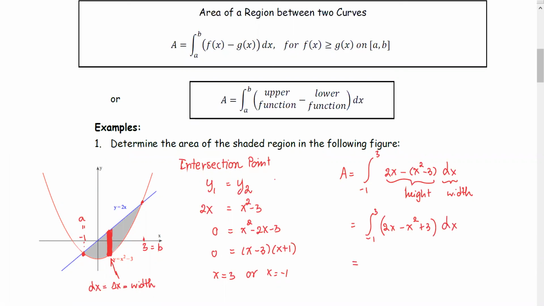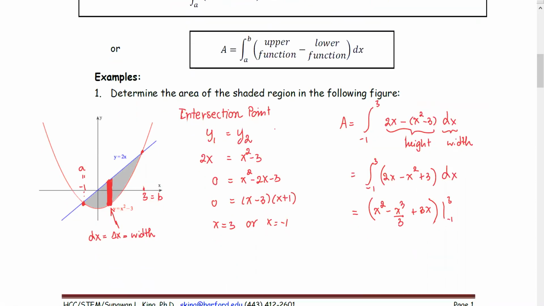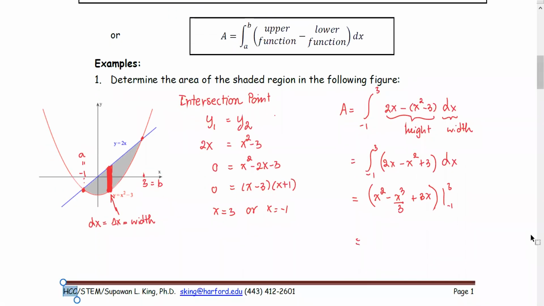Next, use the antiderivative formula for each term. First term, we have x squared. Next one, we have minus x to the third over 3, plus the last term 3x. Evaluate from negative 1 to positive 3. Substitute the values into the terms.